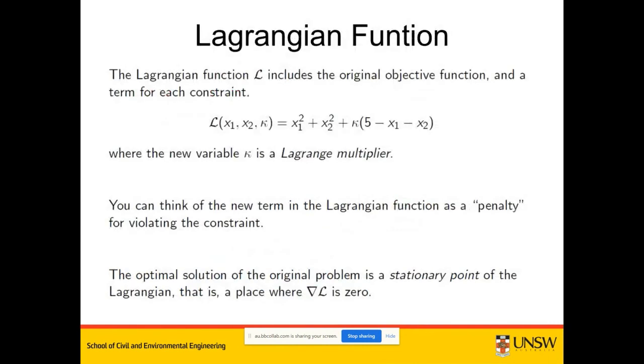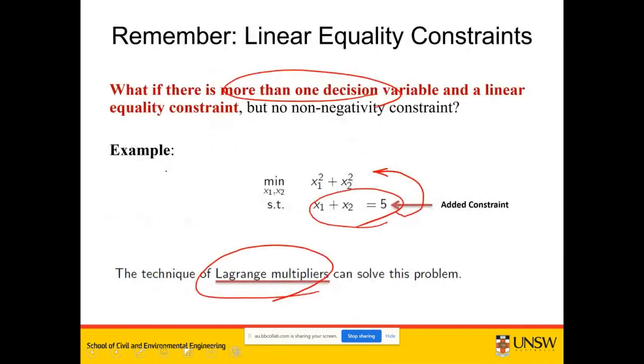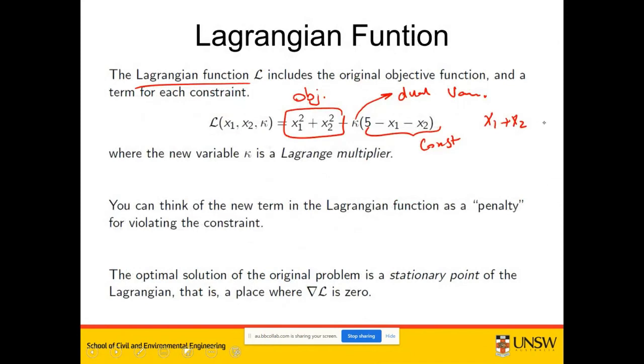We say this is the original objective function, and this is the Lagrangian function. This is the dual variable, and this is the constraint that is brought into the Lagrangian function. It used to be x1 plus x2 equal to 5.